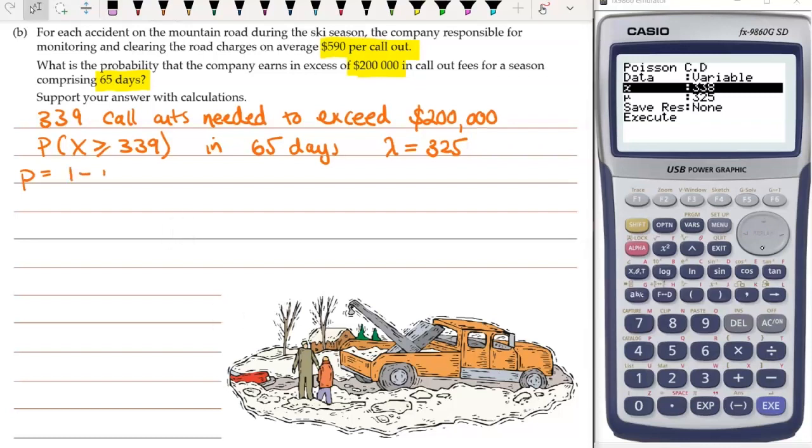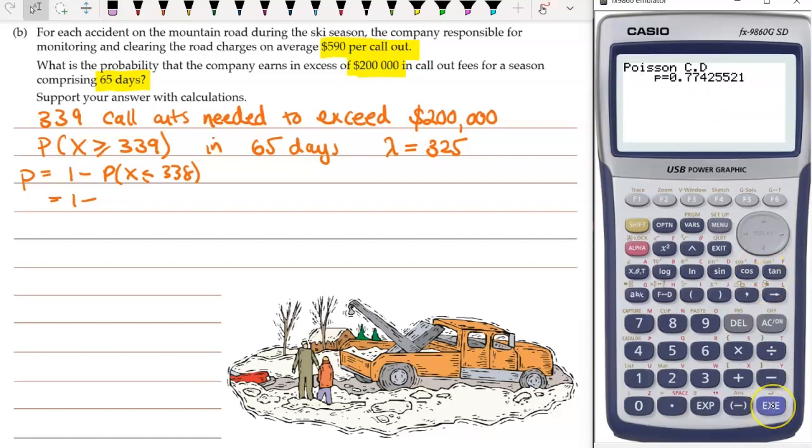So it'll be 1 minus the probability that x is less than or equal to 338, which is 1 minus, where our lambda is 325, our probability is 0.7743. So that's going to be equal to 0.2257.